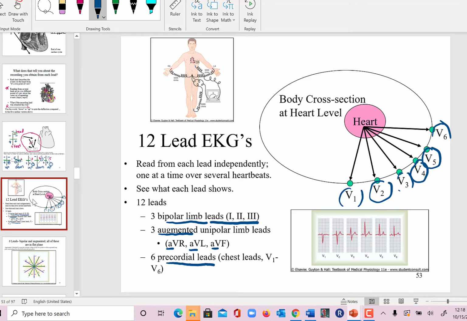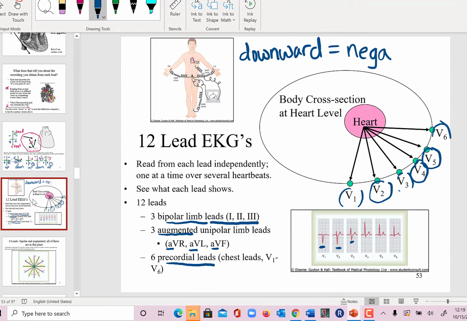You will notice that leads V1 and V2 and a little bit for V3 have a downward deflection for part of their QRS complex, a significant downward deflection. Another way of saying that, downward is negative, meaning it's going below baseline.